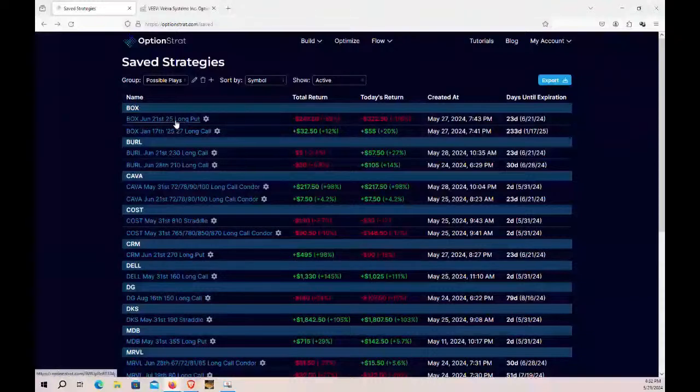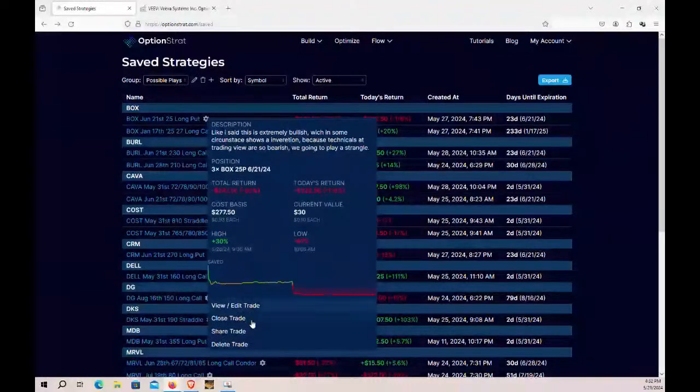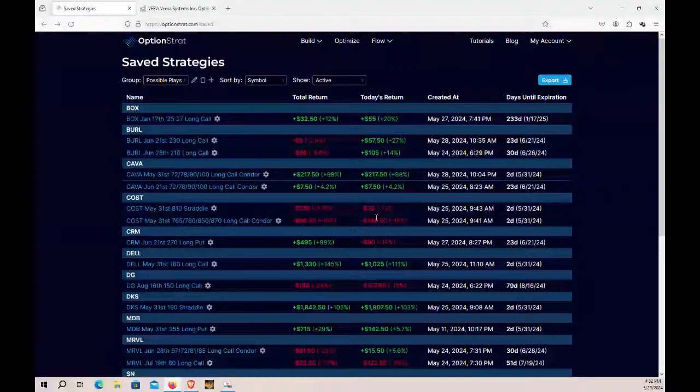So this one is not supposed to be here, so let's erase it. Actually, let's delete this trade, because the play in Box would have been this one.